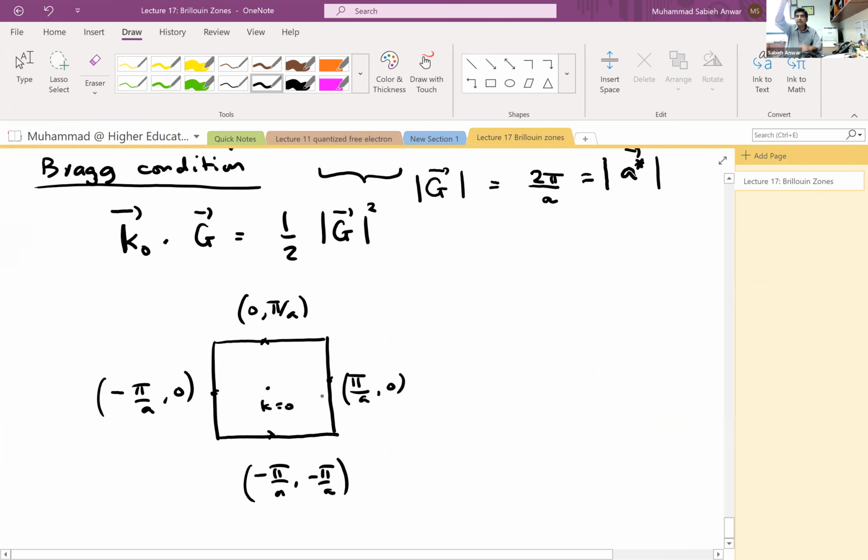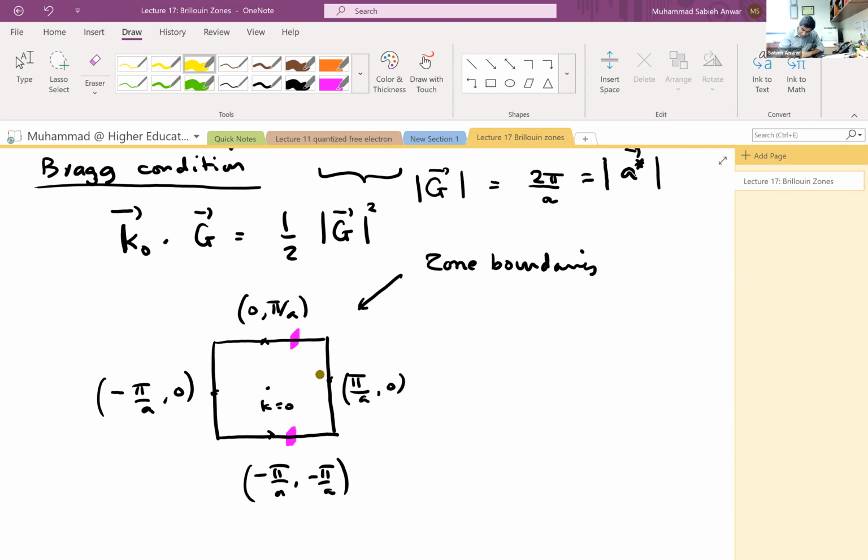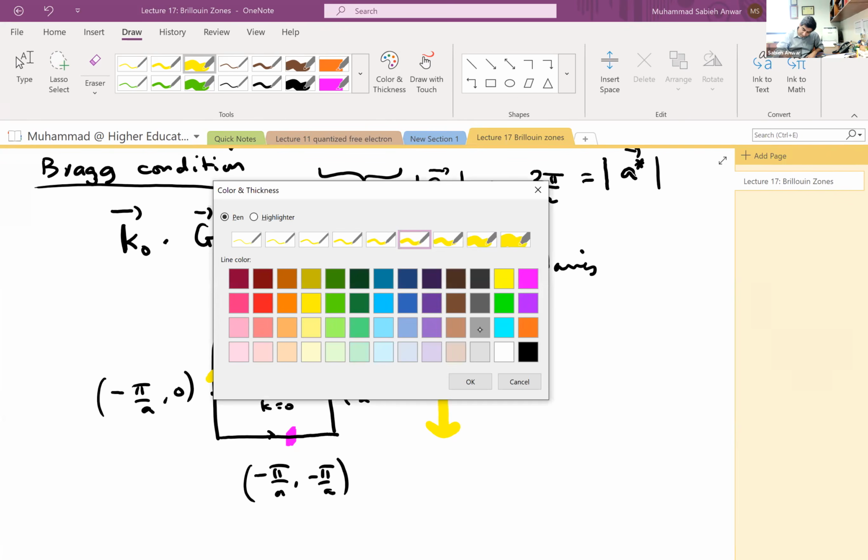These black bounded boxes form the zone boundaries. The zone boundaries occur in opposite pairs. So we have a zone boundary here and here, and a zone boundary here and here. So they occur in parallel pairs, and these parallel pairs are separated by a reciprocal lattice vector of the proper length, 2 pi over a.